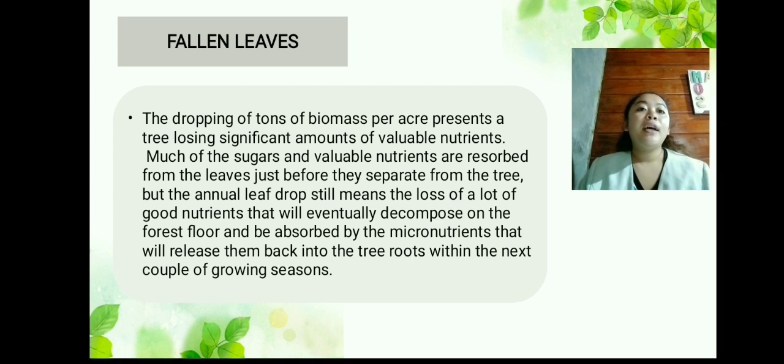Fallen leaves. The dropping of tons of biomass per acre means the tree loses significant amounts of valuable nutrients. Much of the sugars and valuable nutrients are resorbed from the leaves just before they separate from the tree, but the annual leaf drop still means the loss of a lot of good nutrients that will eventually decompose on the forest floor and be absorbed by microorganisms that will release them back to the tree roots within the next growing season.